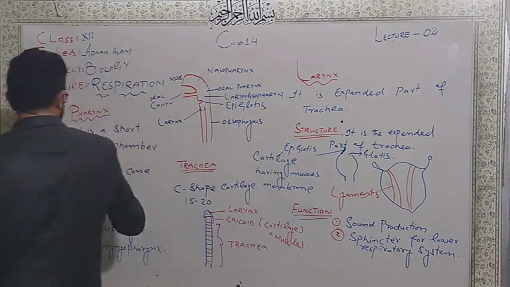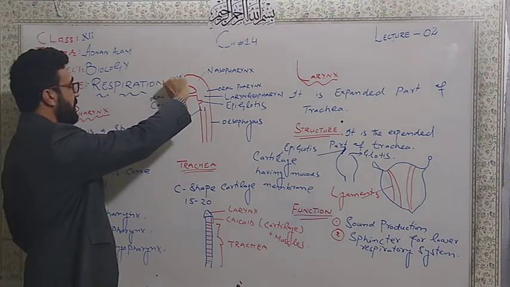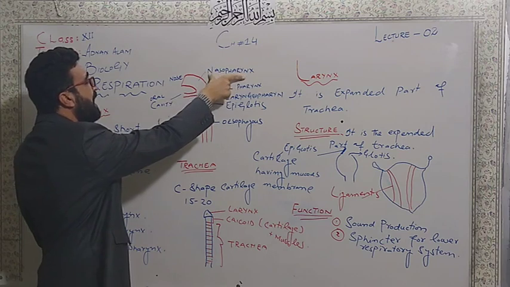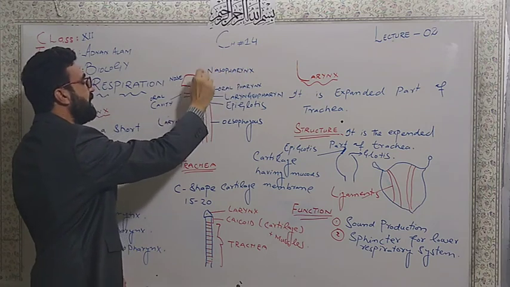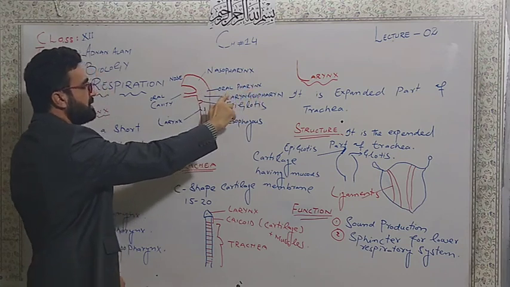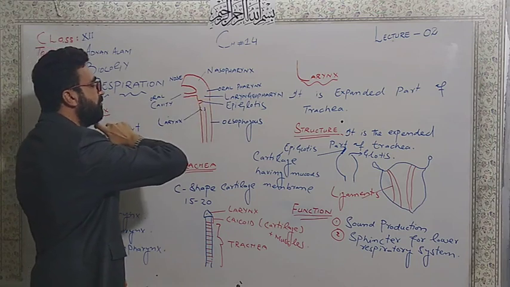It's a short muscular chamber. Its shape is a cone-shaped structure. Its types are oropharynx, nasopharynx, and laryngopharynx. My dear students, the nasal cavities open into the pharynx, which is called the nasopharynx, and the nasopharynx is followed by the oropharynx, and the oropharynx is followed by the laryngopharynx.